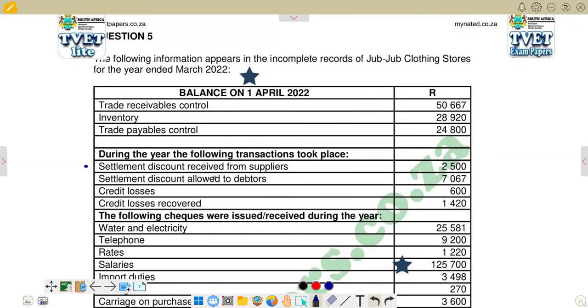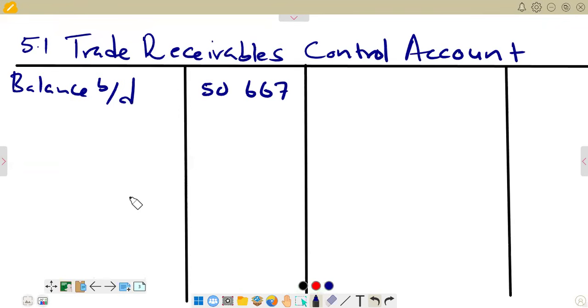So the settlement discount is put on the same side that we put the payments that are being made by the debtors. So we are going to take this figure and put it on the opposite side of the balances that they are owing, which is the credit side. So we are going to the credit side and put 7,067 as settlement discount allowed to debtors. So we can come here, come to the credit side, and now we are saying settlement.